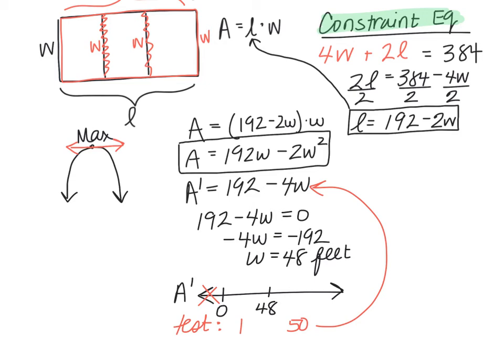If you substitute 1 into the derivative, you'll end up with a positive value. And substituting 50 into that derivative will give us a negative value. So when the derivative goes from positive to negative, that means that the original function is increasing and then decreasing, and that is guaranteeing us that we have a maximum at 48.